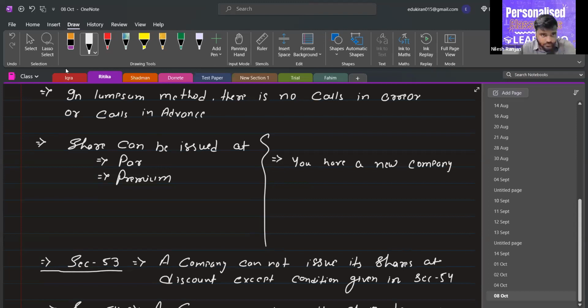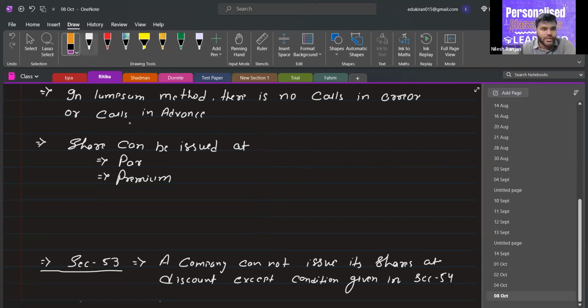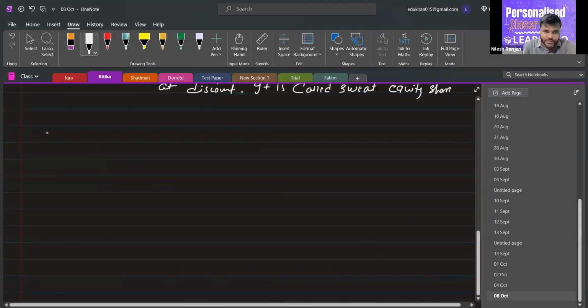Now, shares can be issued at par or at premium. At par means the same price, at premium means a higher price. Premium is a profit.